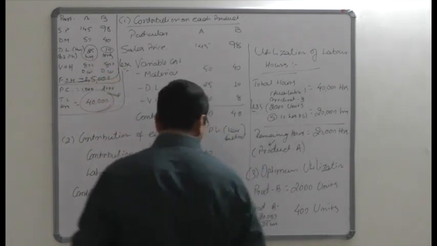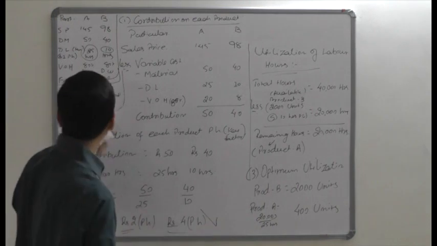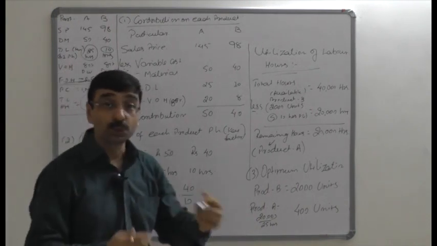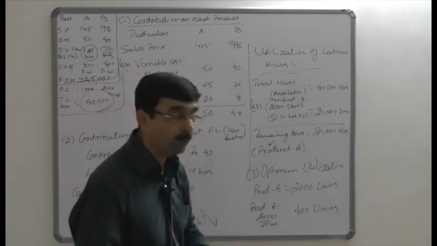That is 25. How many remaining hours are in your hand? That is 20,000 hours. So 20,000 hours divided by 25 hours per unit of product A.